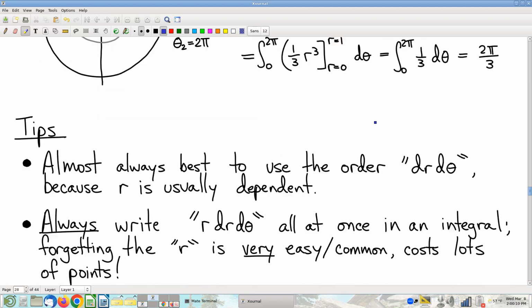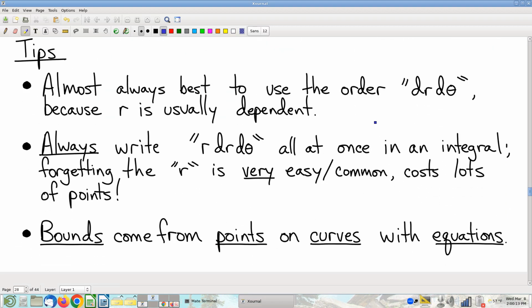Alrighty. A couple tips and tricks, things to keep in mind. As it turns out, dr d theta. I hesitate to say always, but for all intents and purposes, practically always, this is the order that you should put your differentials.